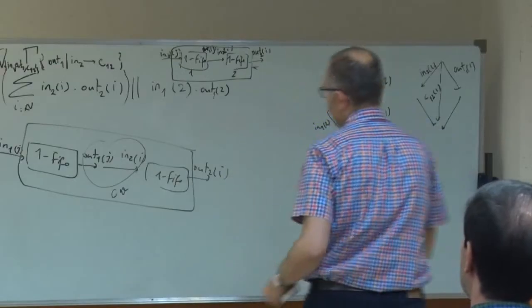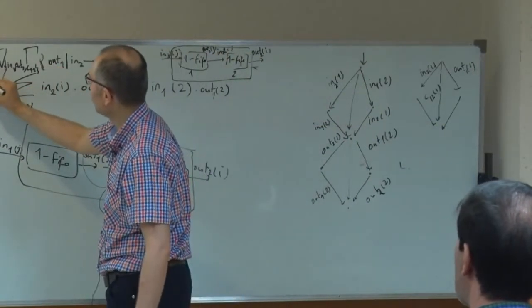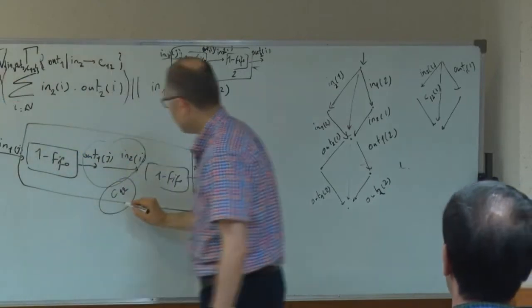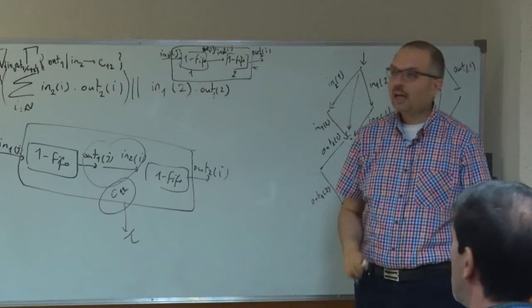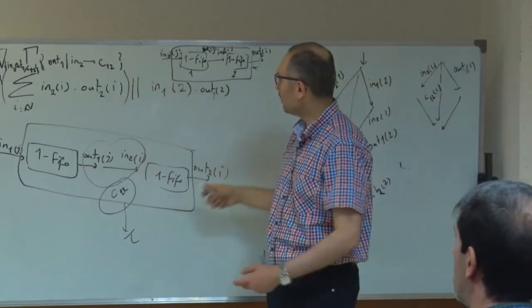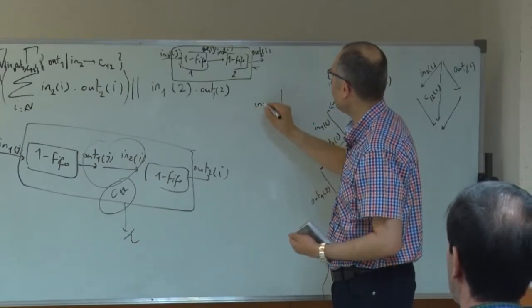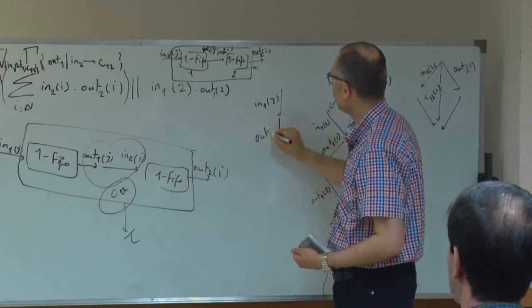So what will happen is that this operator will rename C1,2, if you put hide of C1,2 here, into an action tau. Okay? And then if you apply branching bisimulation reduction on the whole process, you will basically get the input-output behavior that you expect: in 1,2, followed by out 2,2.